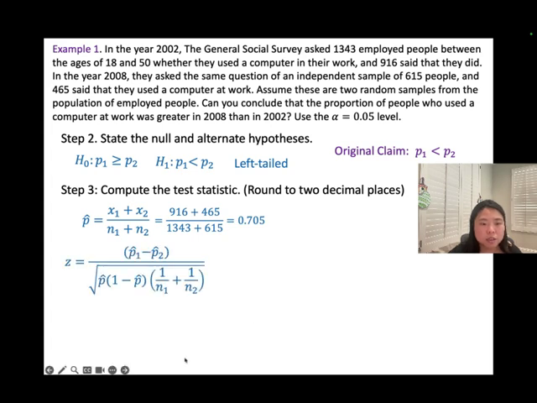Now find the test statistic. Try plugging it in. Make sure when you input it into your calculator, on the top, put the parentheses, and then divide by the square root of the whole thing here.